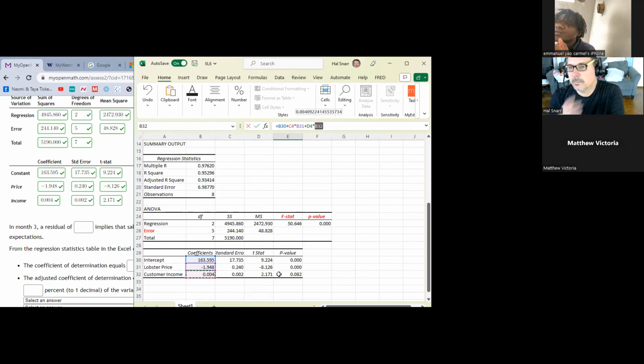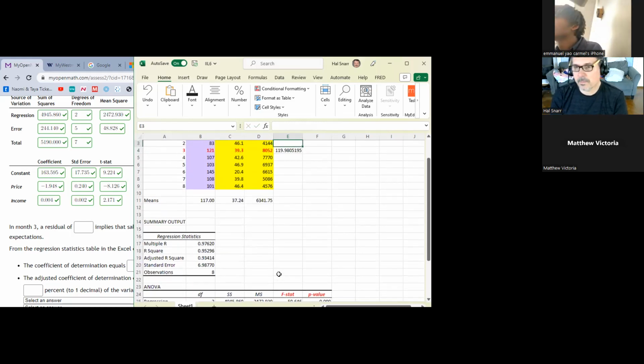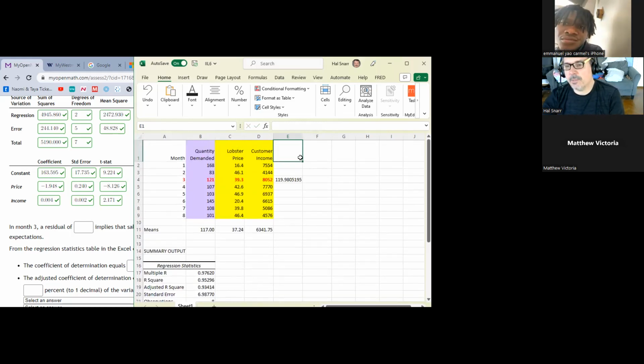So we got the intercept plus the price times the lobster price slope plus the customer income times the customer income slope, right? And we should get something that's pretty close to our sales. This is our predicted value. We predict how many lobsters will be sold given that price.